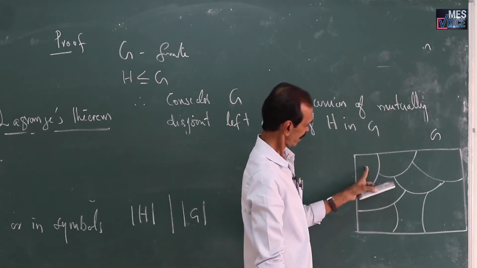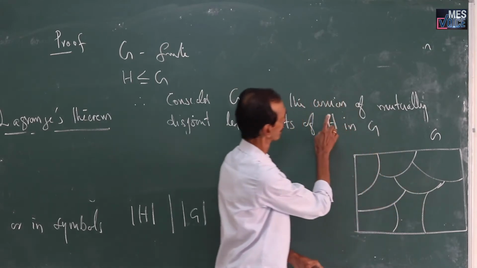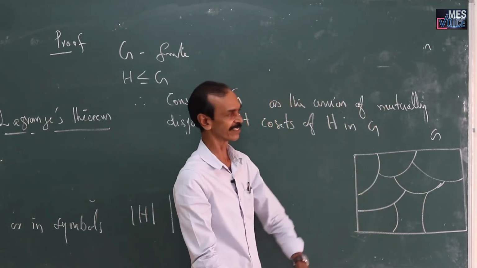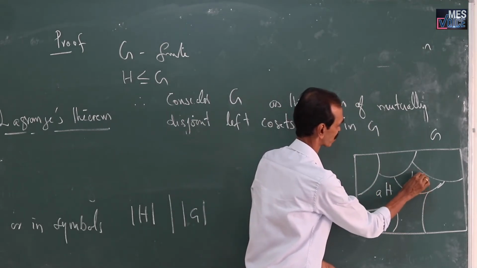Any two of these cosets, if you take, are mutually disjoint. What about their union? Their union is all of G. So, this is AH, this is BH, etc.